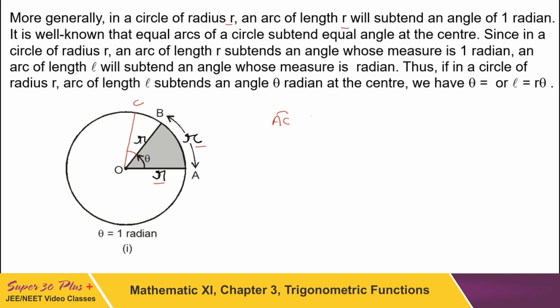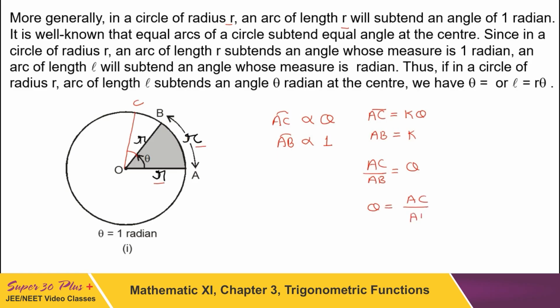Means arc AC is proportional to theta, and arc AB is proportional to 1 radian. If we remove the proportional sign, then arc AC is equal to k theta and arc AB is equal to k into 1. Now divide both: AC upon AB is equal to theta. Theta is equal to AC upon AB.